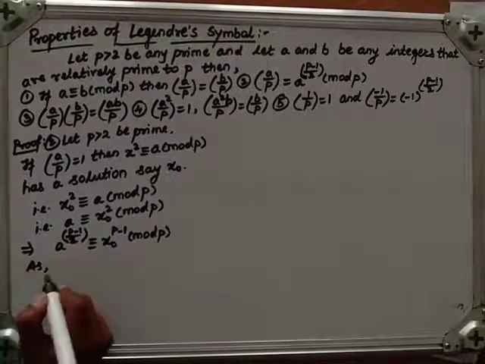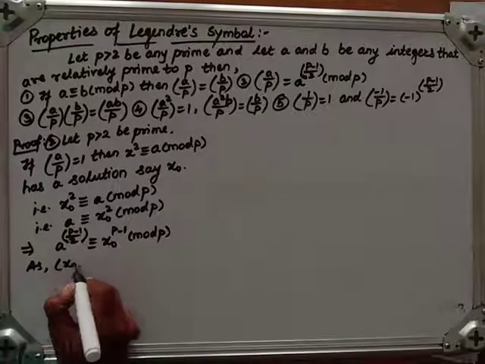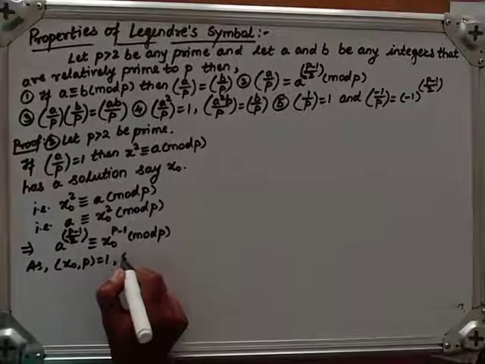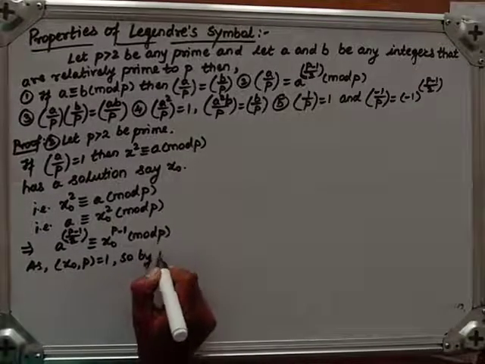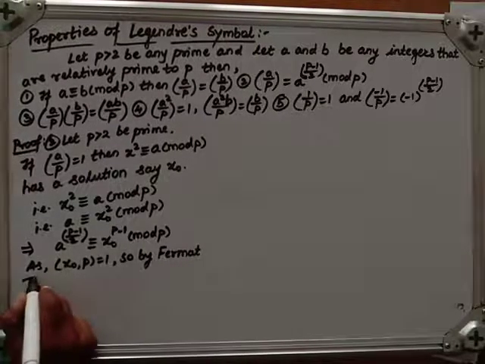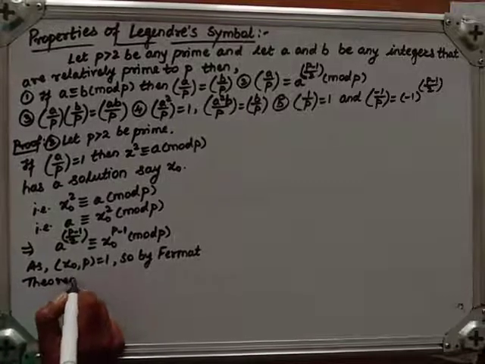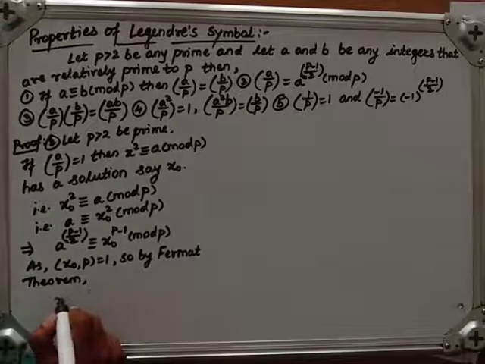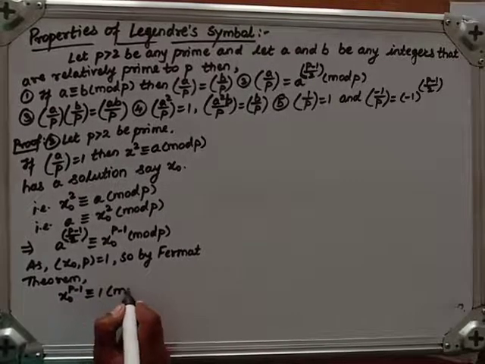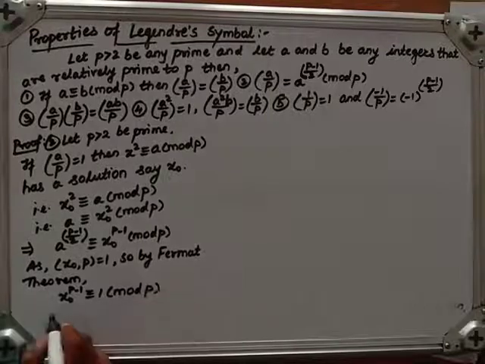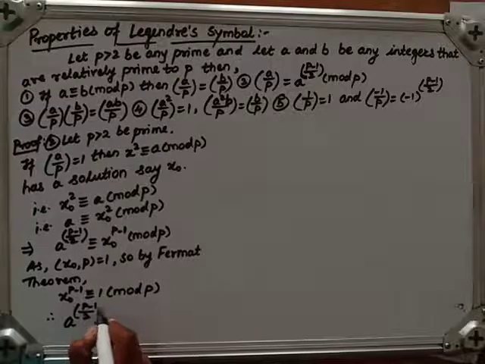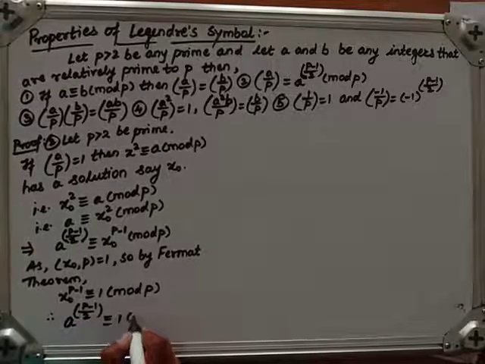As x naught and p are relatively prime, so by Fermat's theorem, x naught raised to p minus 1 is congruent to 1 modulo p. Therefore, a raised to (p minus 1) by 2 is congruent to 1 modulo p.